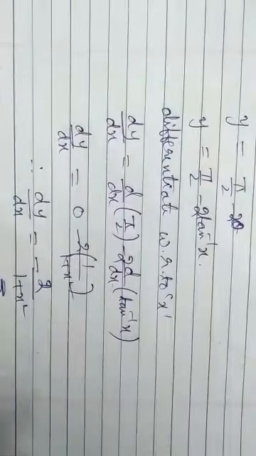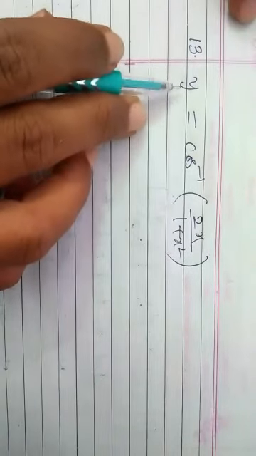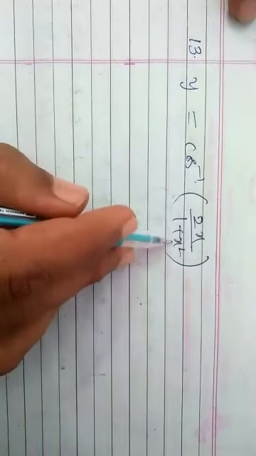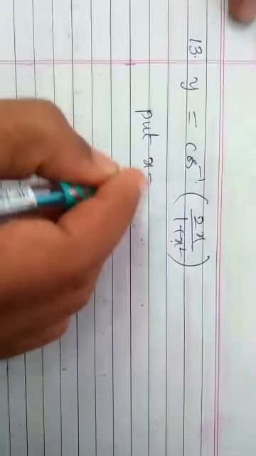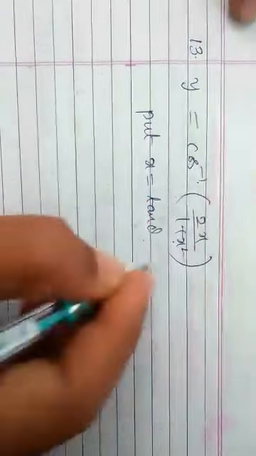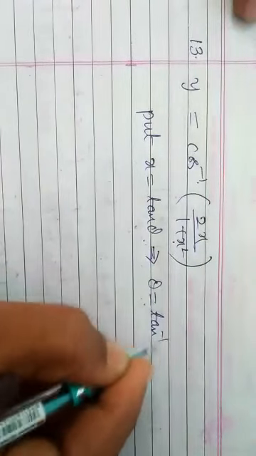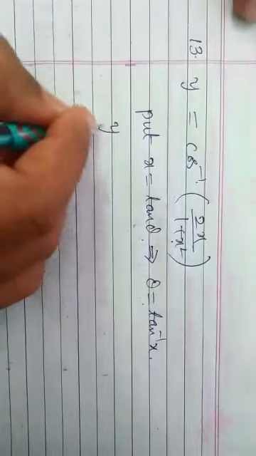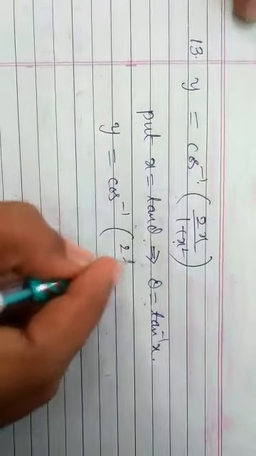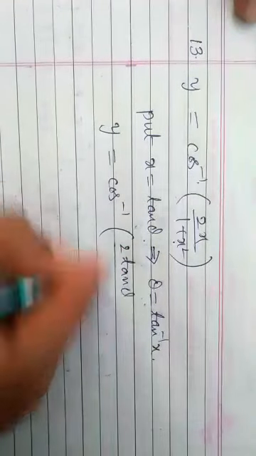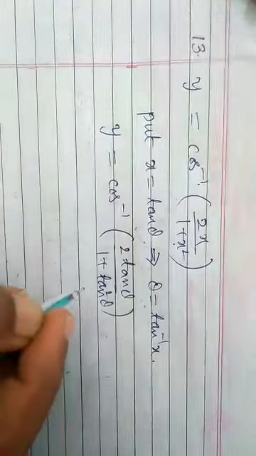So take care of this solution very clearly. Guys, next 13th problem, y is equal to cos inverse of 2x by 1 plus x square. Again put x is equal to tan theta, that implies theta is equal to tan inverse x. Now y is equal to cos inverse of 2 tan theta by 1 plus tan square theta.